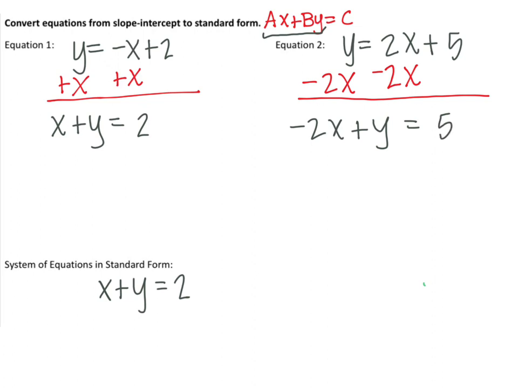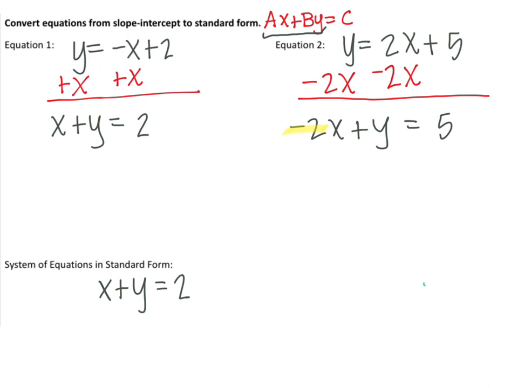Someone yesterday asked a great question in one of my classes about why we put the x first instead of the y. Well, alphabetical order. In standard form, everything's going to be in alphabetical order, and so that's why I keep the x first. It's a great question. Here I notice that my a value is in fact negative. It's negative 2.